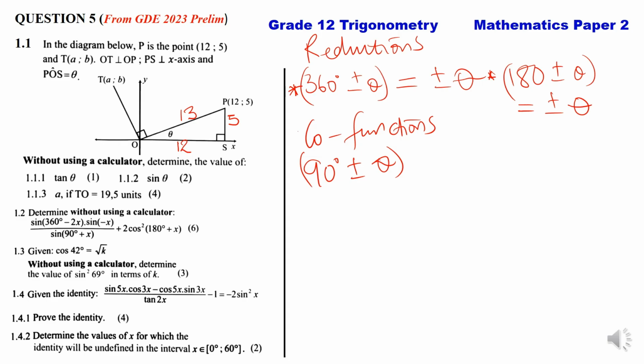And I must remember one which is forgotten very easily, the cos of 90 degrees plus theta. So this one changes into a negative of sine theta. Most of the time, learners forget the negative sign for some reason. And remembering that in the reduction formulas, if it's squared, then it must give you a positive number because the negative is squared to positive.